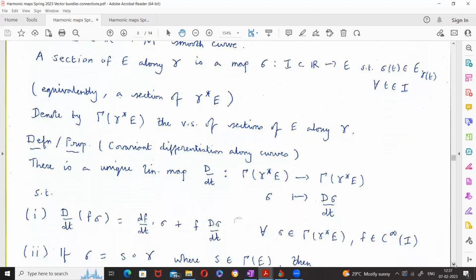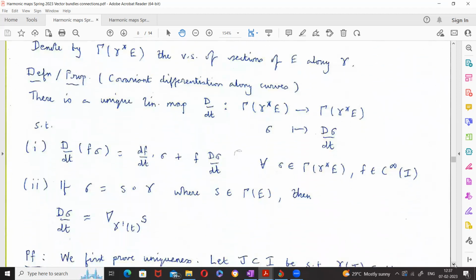So then we have the following definition proposition, which is called covariant differentiation along curves, which says the following. There is a unique linear map, capital D sub dt, which goes from the sections of E along gamma to sections of E along gamma. Sigma goes to capital D sub dt of sigma, which satisfies the following.